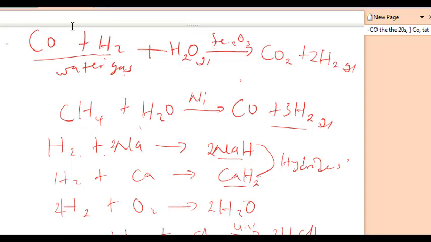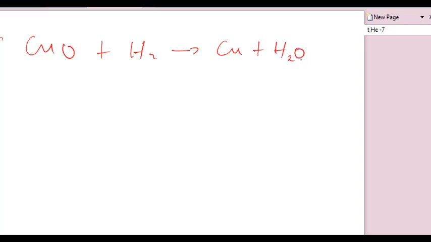When they react with hydrogen, those oxides are reduced to their respective metals. Let's say, for instance, copper(II) oxide, when reacted with hydrogen, will give us copper, and the hydrogen becomes oxidized, and we have water produced in that case.